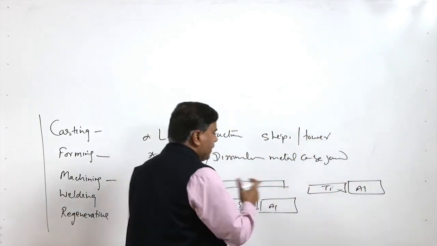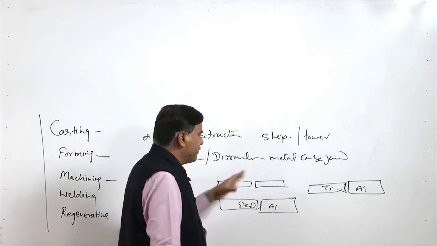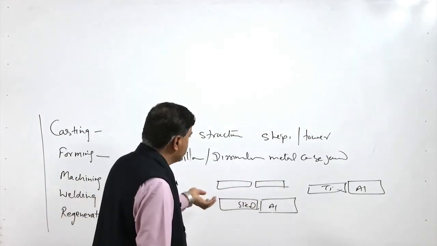So, completely different kinds of metal systems can be joined using a suitable combination of the process.